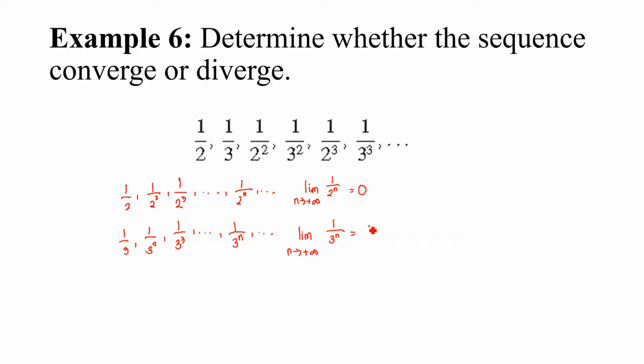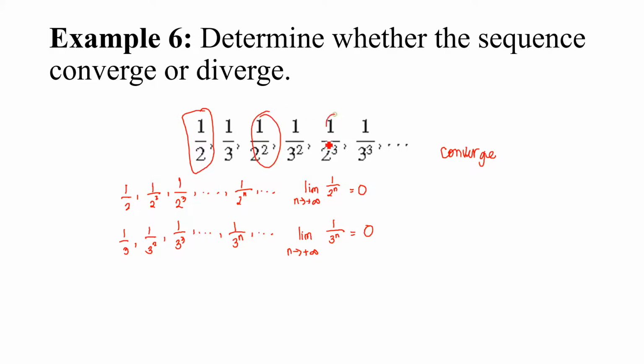is also 0. So in this case, we could now say that because the odd numbered terms and the even numbered terms of the sequence approach the same quantity, then this is an example of convergence.